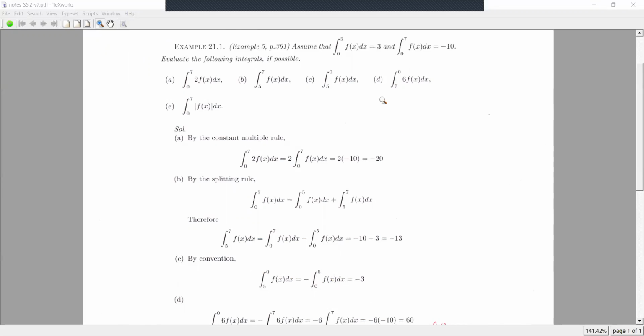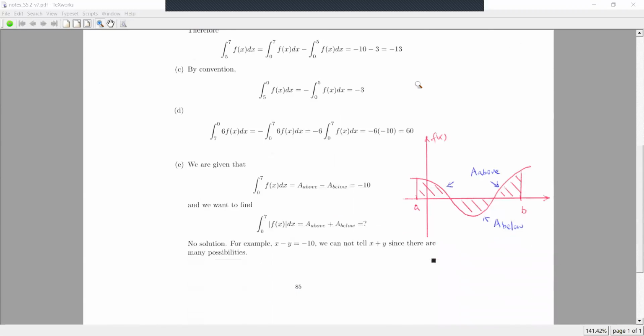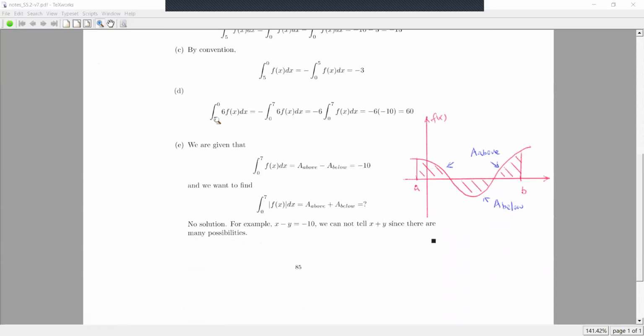Now, D, find the integral from 7 to 0 of 6 times f. For the integral from 7 to 0, let me switch the lower limit and upper limit by adding a minus sign in front.